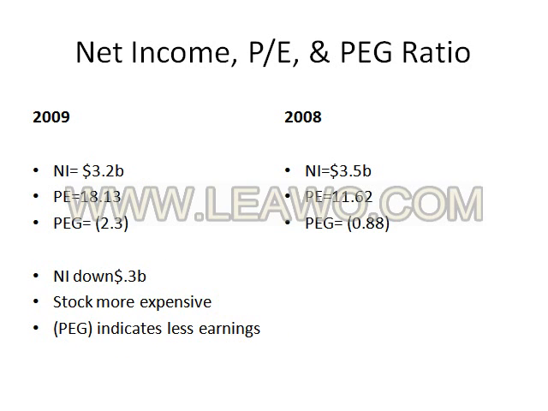Net income, PE, or price to earnings ratio, and PEG ratio, which is price to earnings to growth ratio. In 2009, 3M had net income of $3.2 billion. In 2008, 3M had net income of $3.5 billion.